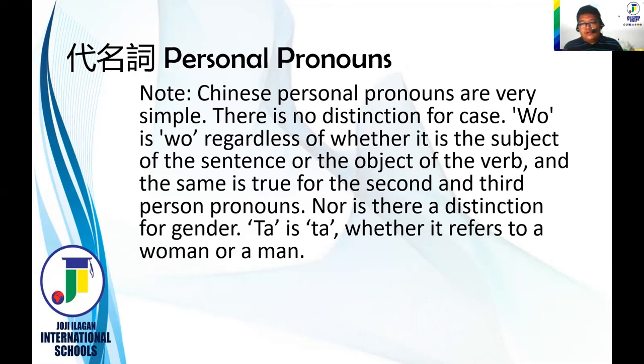Same goes with the second person and third person pronouns, 你 and 他, that is still the same. Nor is there a distinction for gender. In the case of the third person pronoun, 他, the pronunciation is still the same, whether it is a woman or a man. The only difference is the character being used. But the pronunciation is still the same. 他.